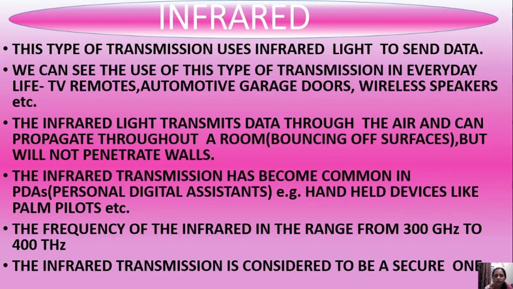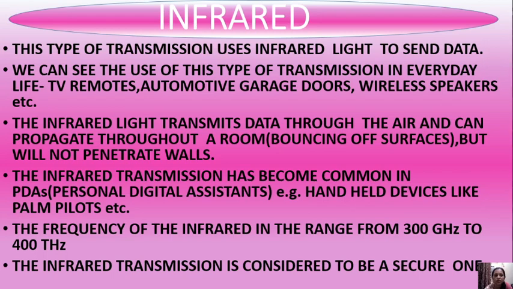We can see the use of this type of transmission in everyday life, like TV remotes, automatic garage doors, wireless speakers, etc. So we can say infrared transmission is a wireless technology used for communication over short distances, like data transfer between two cell phones, TV remote operation, or data transfer between a computer and cell phone that reside in the same closed area. So these are some uses of this.